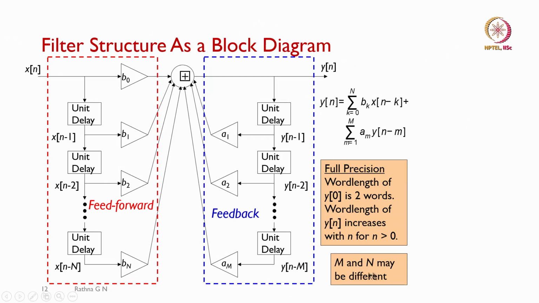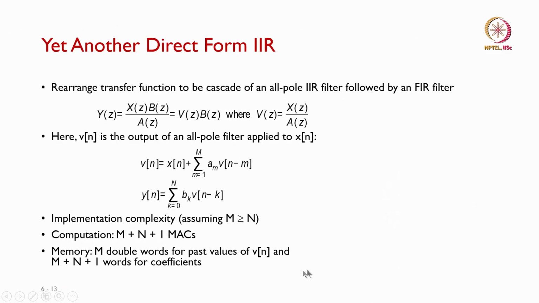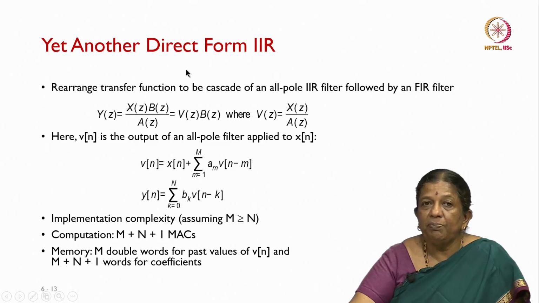And then M and N may be different, we do not know what kind of order of the filter we are going to design. They may be the same, or they can have different values. Then how are we going to represent again the direct form of IIR filter as shown here?